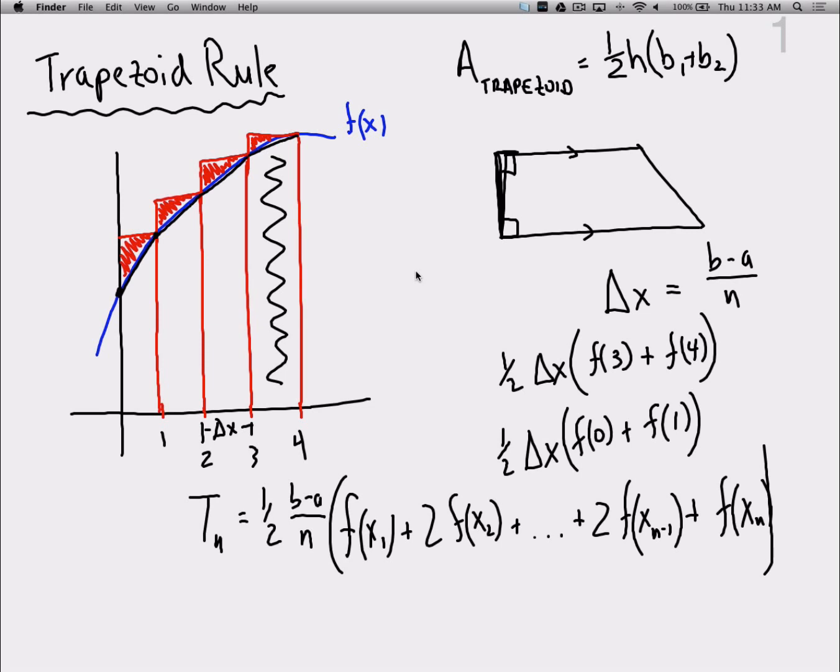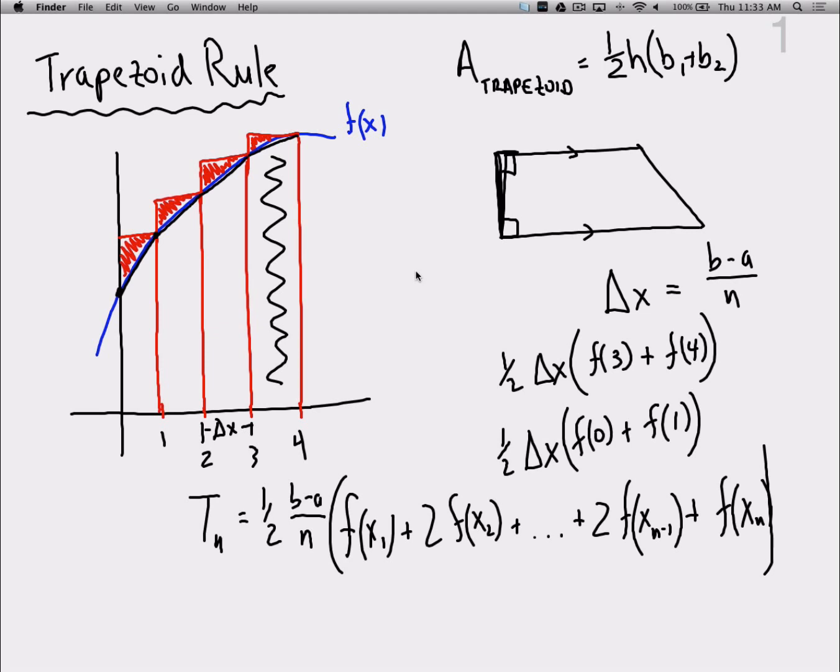Why is it times 2? Great question. I was hoping somebody would ask that. Why are some of them multiplied by 2 and some of them not? The ones that aren't are the first and the last one. If I calculate the area of the first one, it would be 1/2 delta x times f of 0 plus f of 1. If I calculate the area of the second trapezoid, I would have 1/2 delta x times f of 1 plus f of 2.